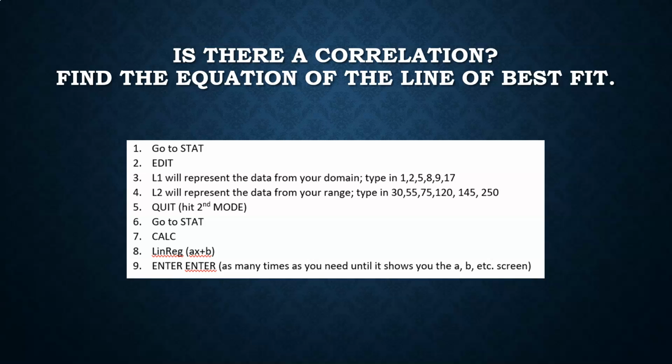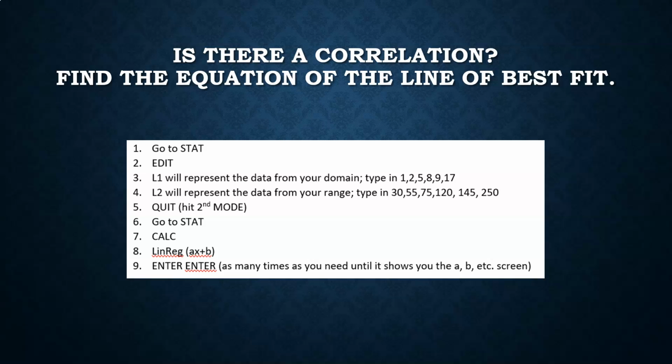Okay? After you have done that, I want you to hit quit, which is second. So hit the second button again. Now I want you to go to the Stat button again, hit Stat again. This time I want you to arrow to the right where the calc column is. So arrow to the right and hit calc, and then you can arrow down to 4, which is LinReg(ax+b).